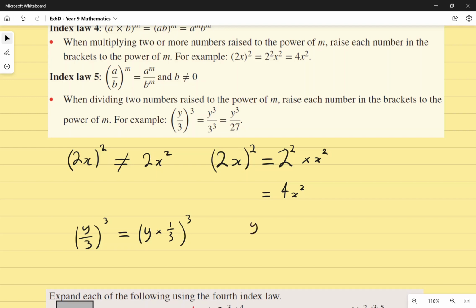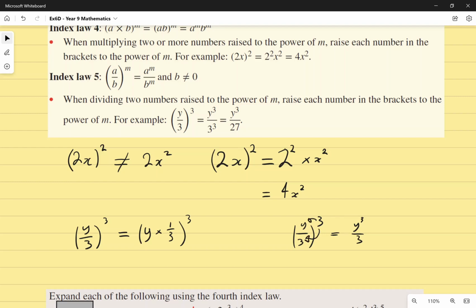We could also write it as y cubed on 3 cubed, which we would have to do eventually, noticing that this is the same as y on 3 cubed. So this is the same as writing y cubed on 3 cubed, because we bring the index in here and we also bring it down here.